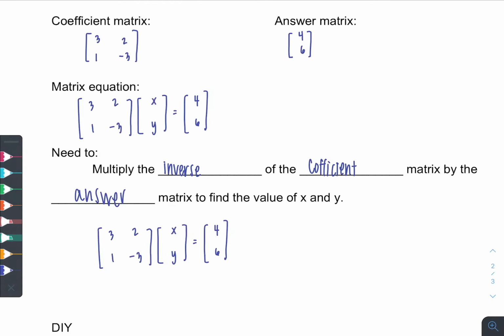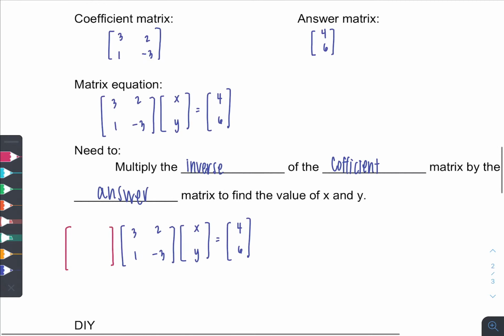Okay. So we want to multiply our matrix equation on both sides, I'm sorry, multiplying by our coefficient inverse.